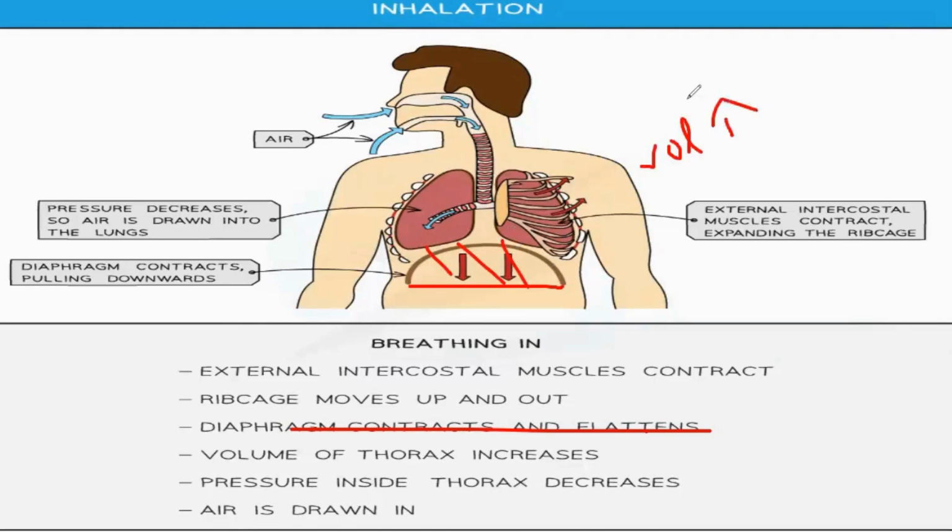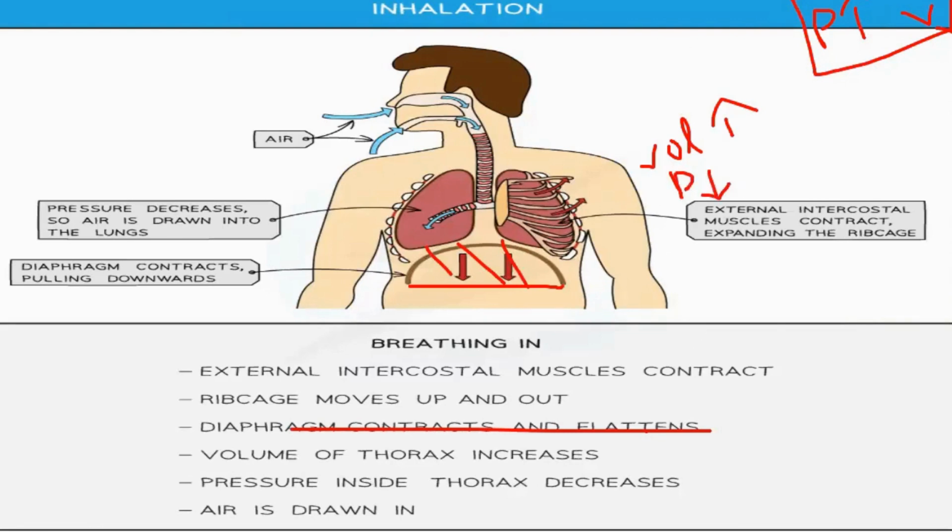Now the relation between volume and pressure is inversely proportional. So if pressure increases, volume would always decrease. So in this scenario, since the chest cavity volume increases, the pressure inside the chest cavity will always decrease, for the same reason that they are inversely proportional.